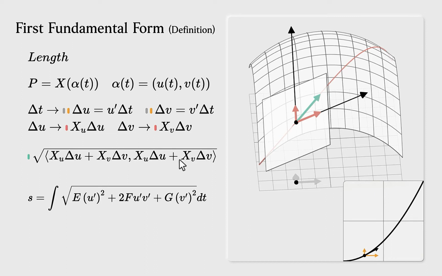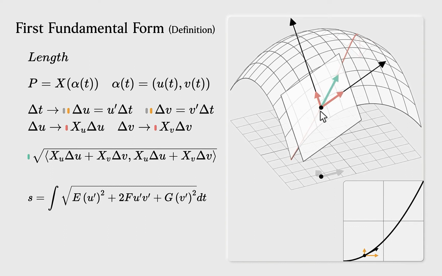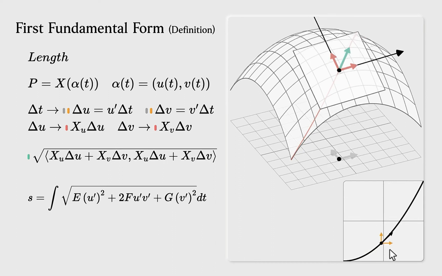And a little change in u and v makes point P move on the surface by this much. So for the final movement, we calculate the length of this green vector. Then we have this equation. When t moves, we integrate it over the range we want.